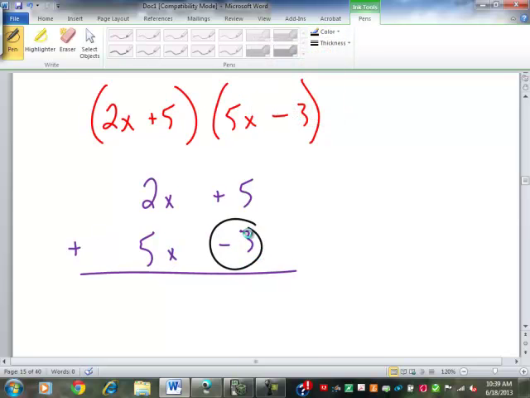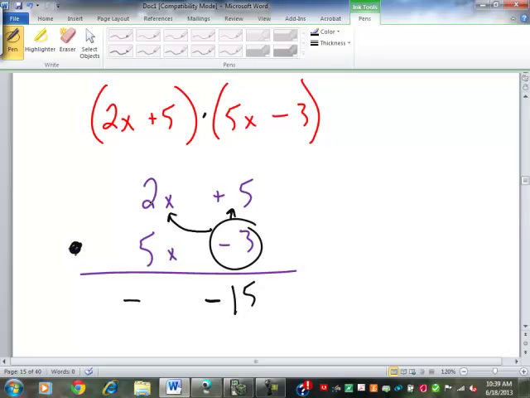We start with the last digit of the bottom number. What's negative 3 times 5? Are we plus or minus? We're multiplying here, sorry. Negative 15, good. What's negative 3 times 2x? Careful.